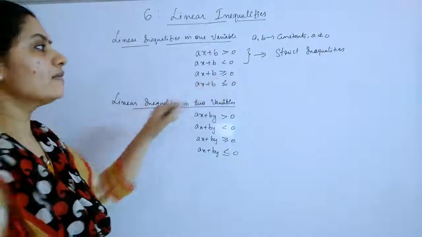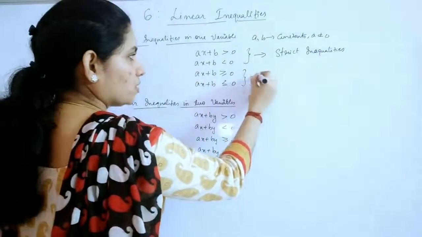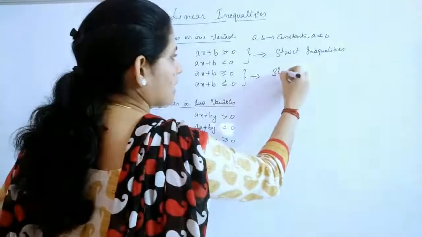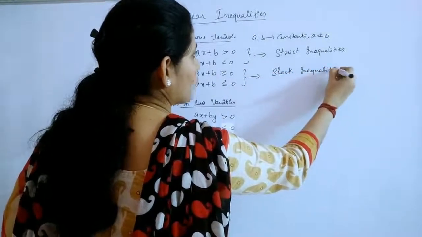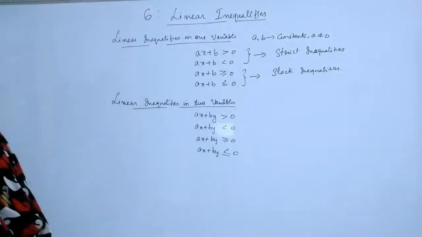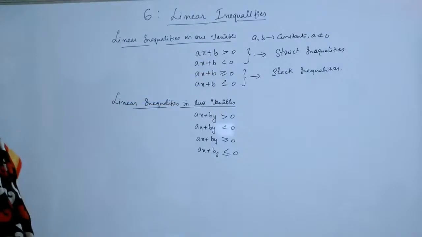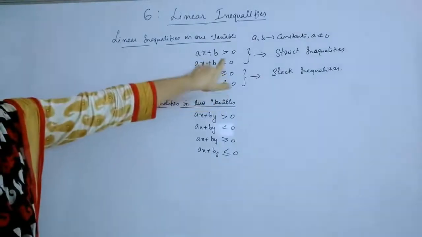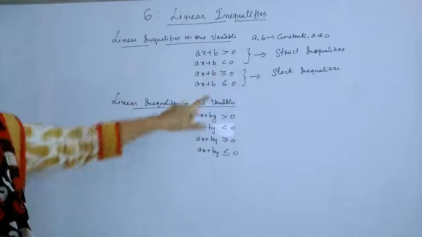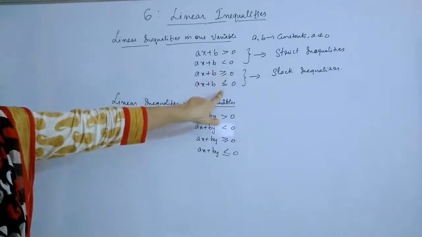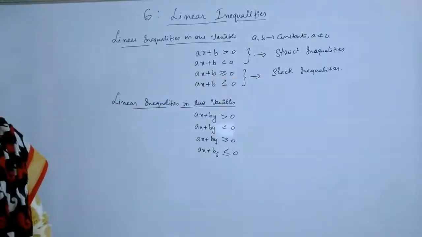And when you have greater than or equal to or less than or equal to, those types are known as slack inequalities. So you have strict and slack inequalities according as you have greater than, less than, or greater than or equal to, or less than or equal to. If you have only greater than, less than, it is strict inequality, and if equal to is included in that inequation, then it is slack inequality.